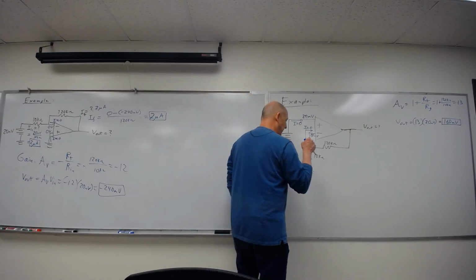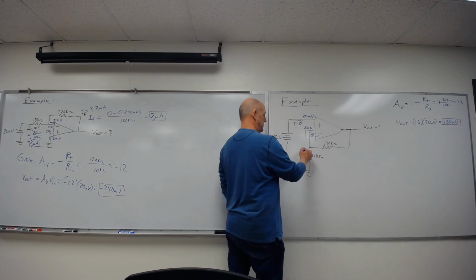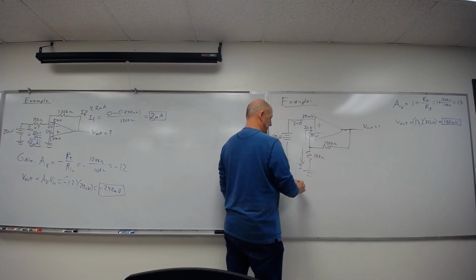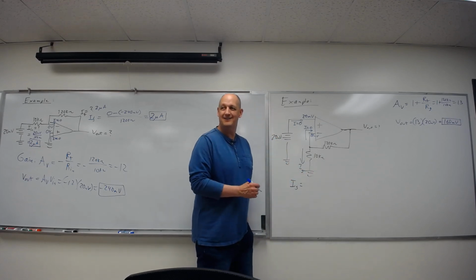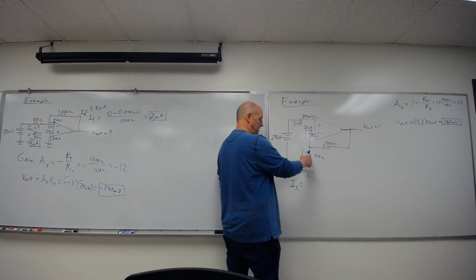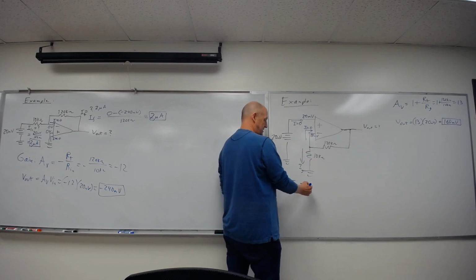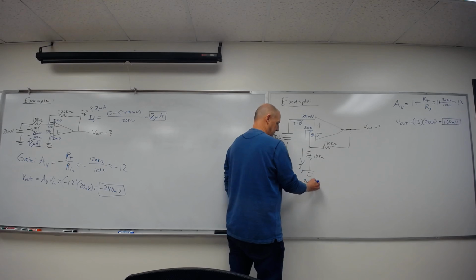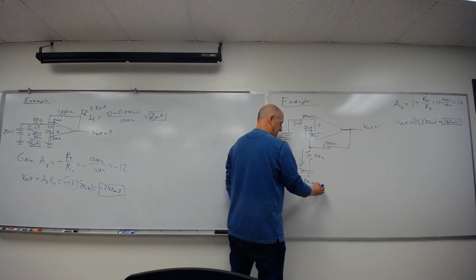All right, so now if I wanted to find the current through this, what would that be? Ohm's law. Don't make these harder than they are. It's always Ohm's law. You know the voltage, you know the resistance. It's 20 millivolts over 10 kiloohms.